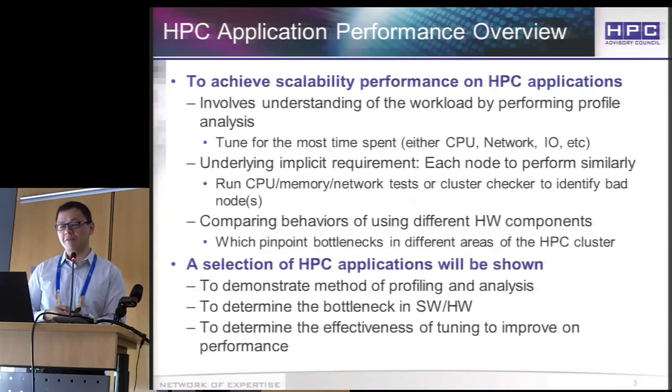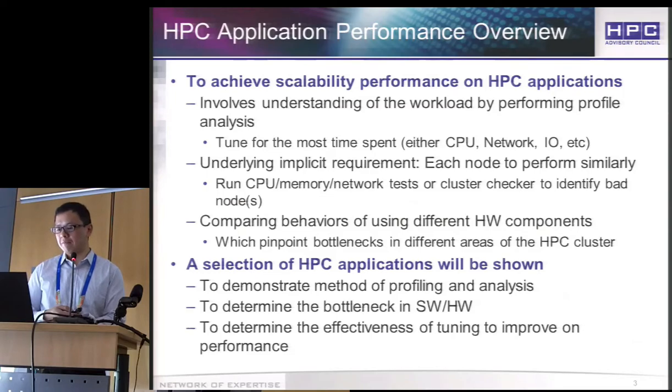This can happen. So you do want to run some sort of CPU, memory, network check, or something like the Intel Cluster Checker, to identify the bad nodes and correct that. And there are ways to do that.